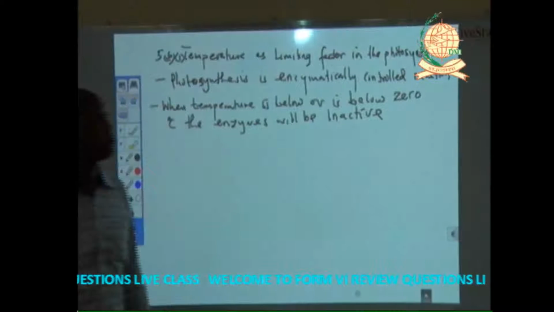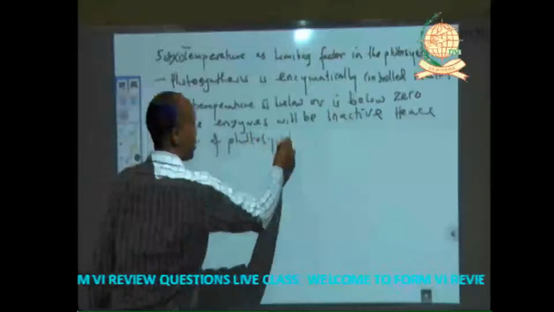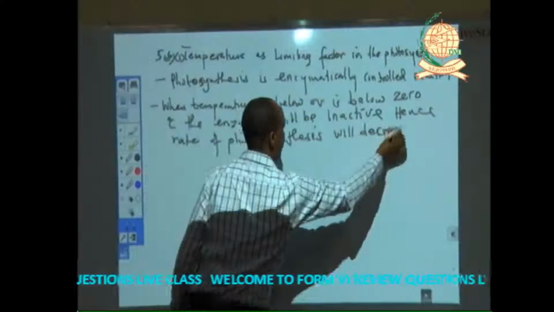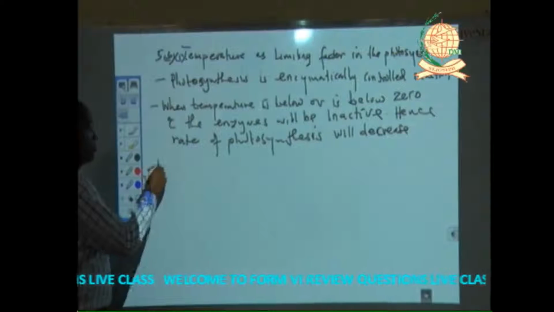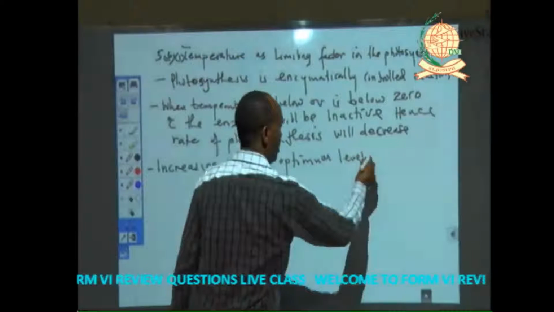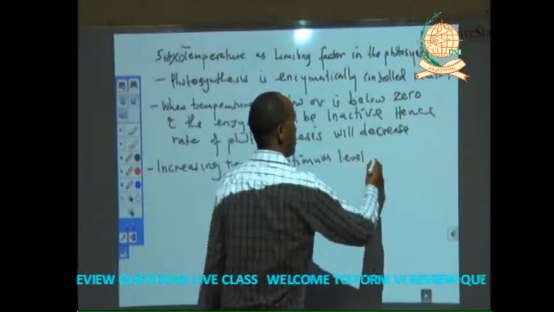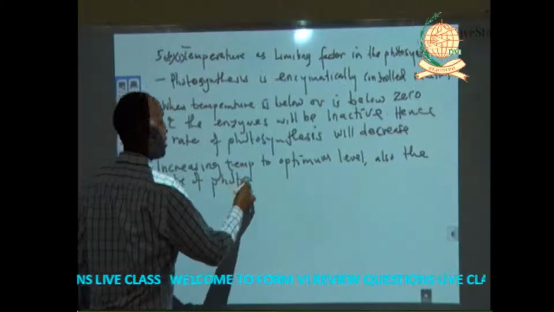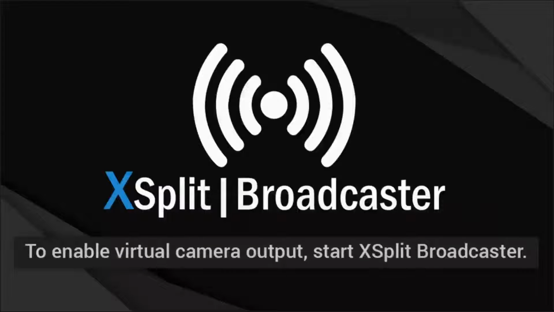Increasing the temperature to the optimum level, the rate of photosynthesis will also increase.